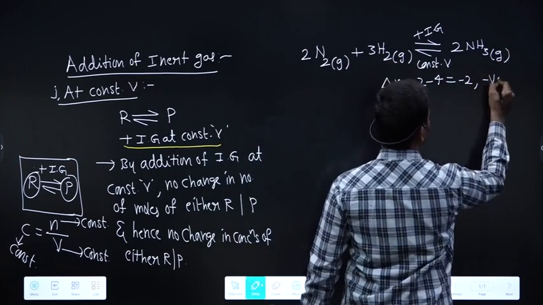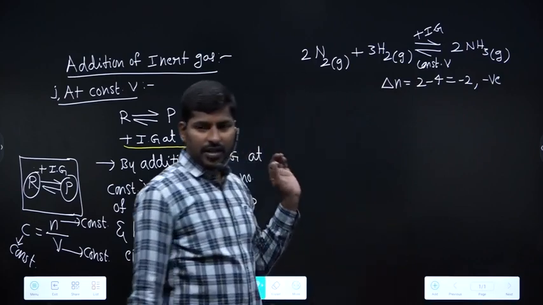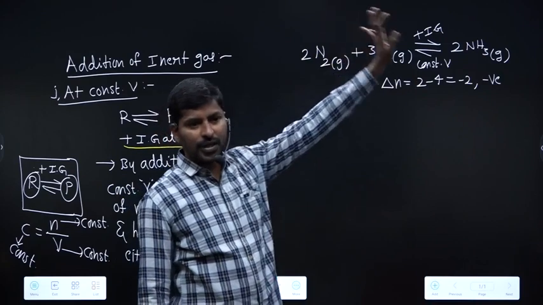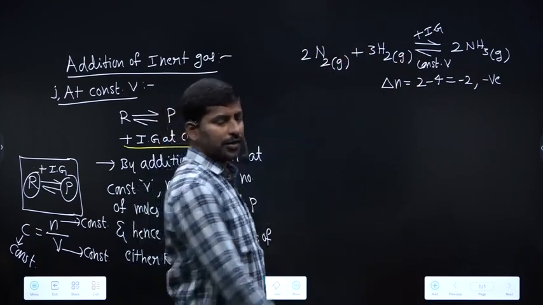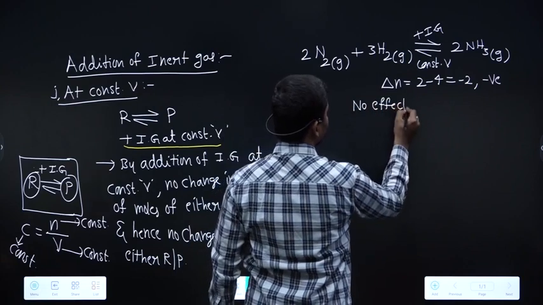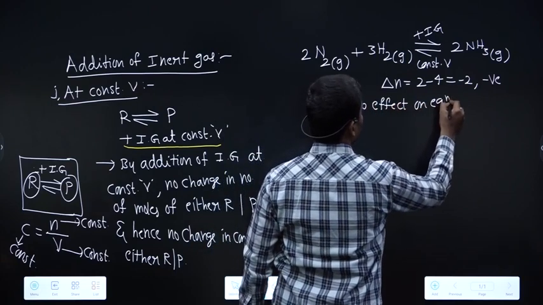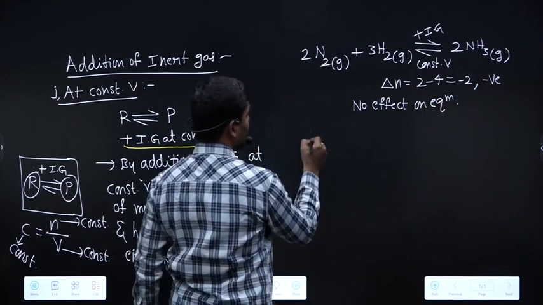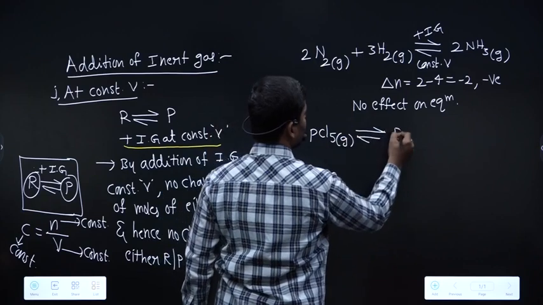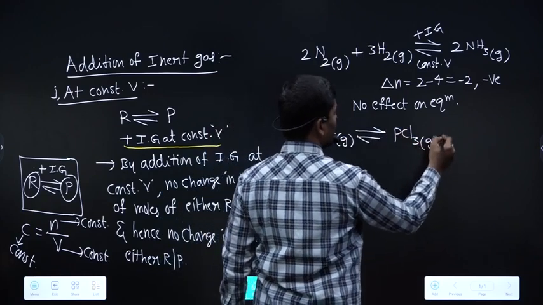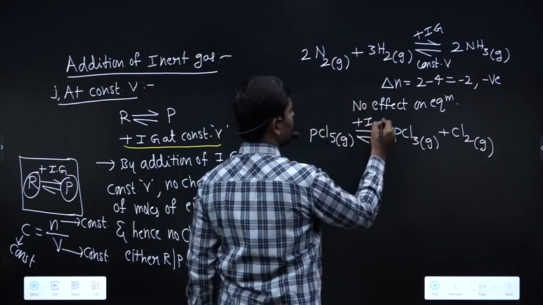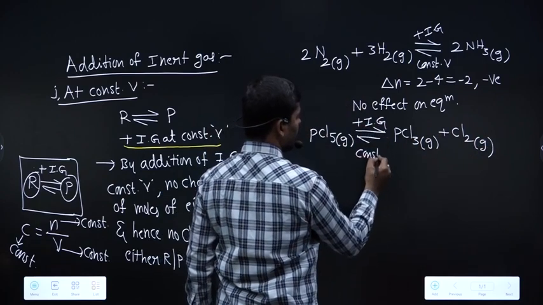So whatever may be the type of reaction you take, whether delta n positive or negative or 0, no change in the number of moles of reactants and products, so no effect on equilibrium. For example, if you take decomposition of PCl5 to give PCl3 gas plus Cl2 gas, we are adding inert gas at constant volume.